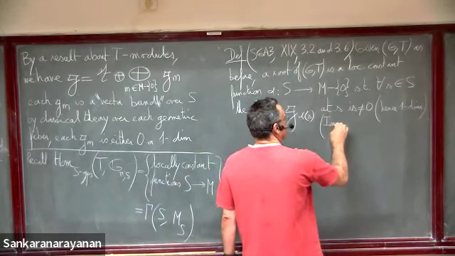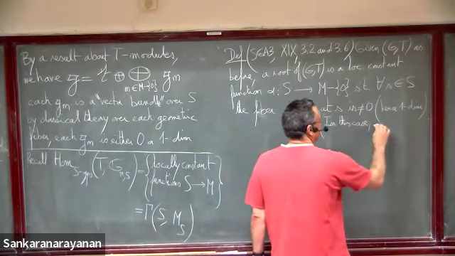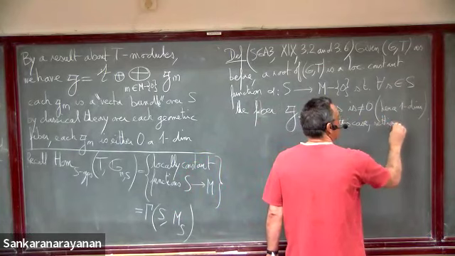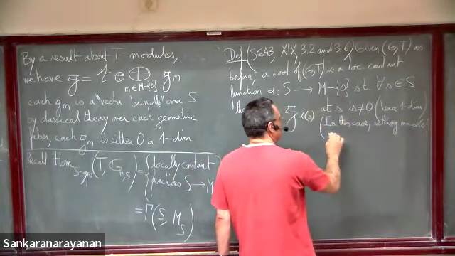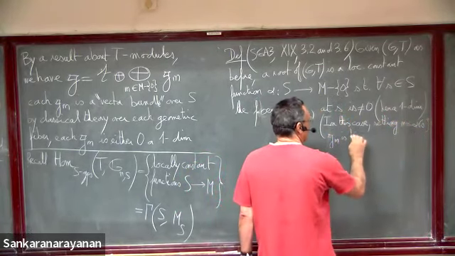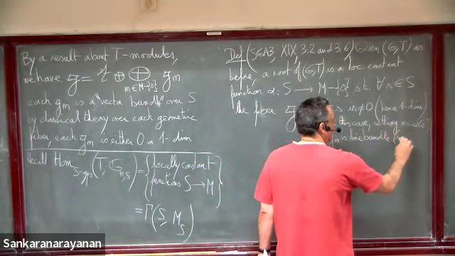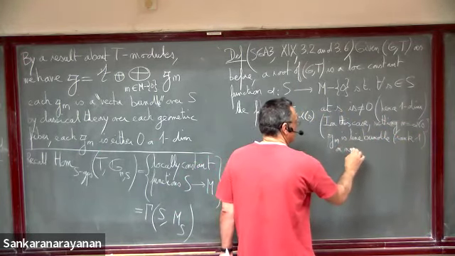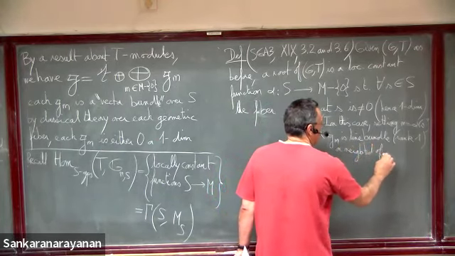And let us remark that in this case, setting m to be alpha of s, then g_m is a line bundle of constant rank 1 on a neighborhood of s.